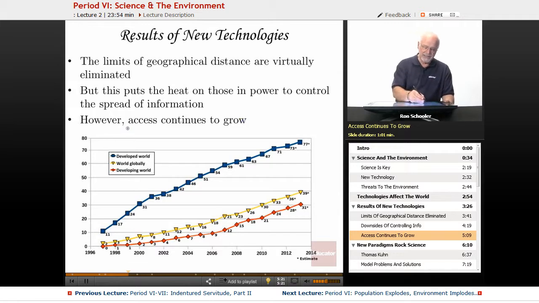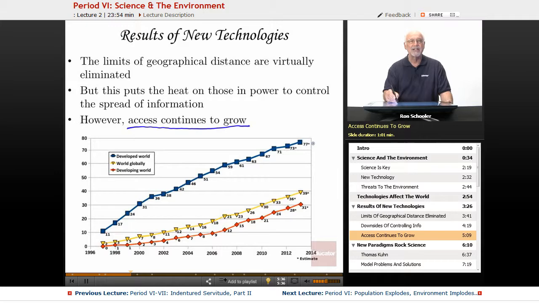But access continues to grow anyway. This is how many people out of 100 have internet access. And according to this, in 2013 or whatever, 77 out of 100 in developed countries had access, and 31 out of 100 in places where there is a developing economy.